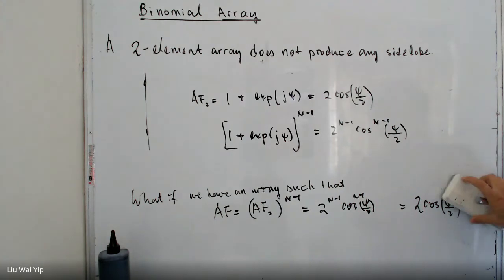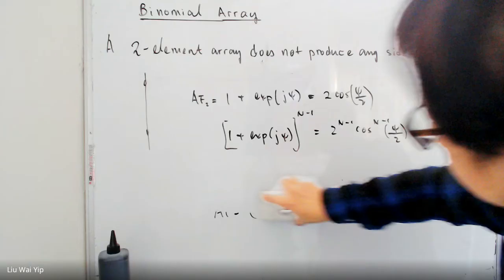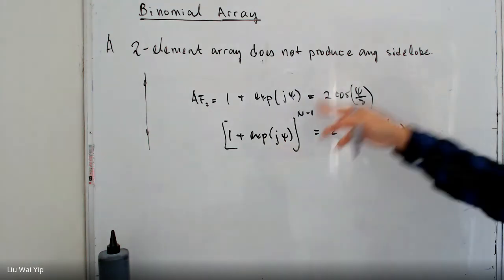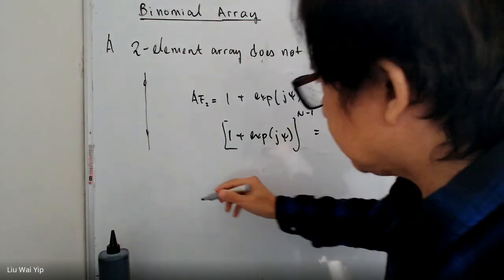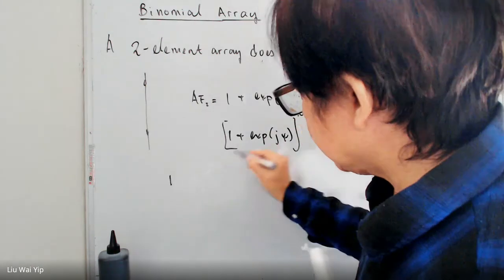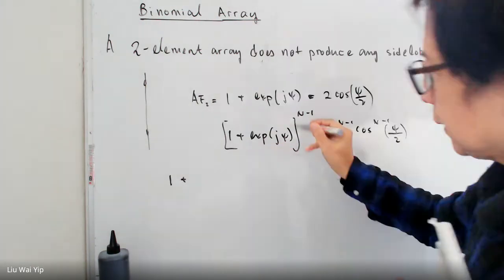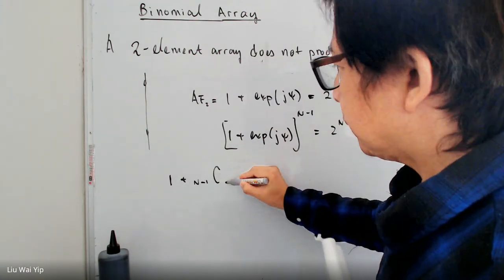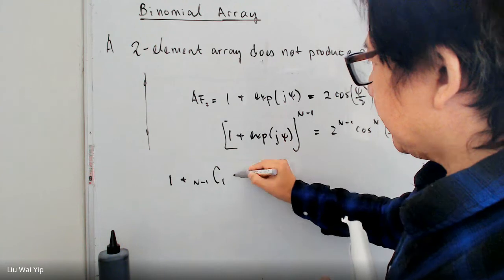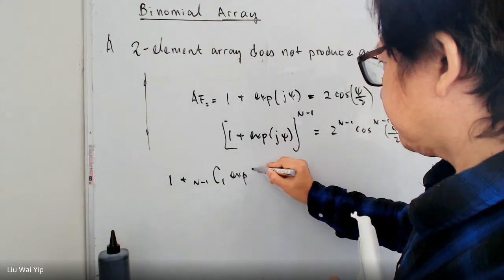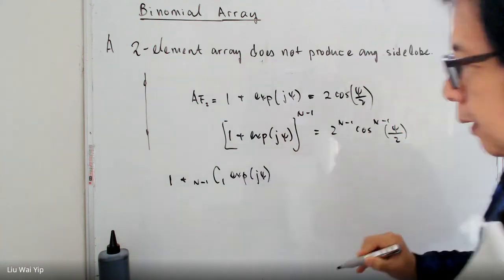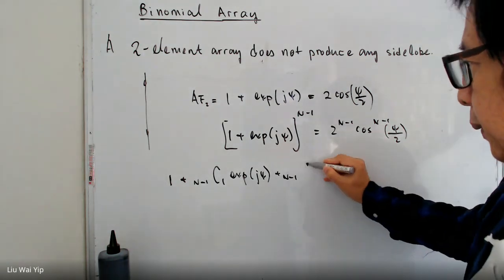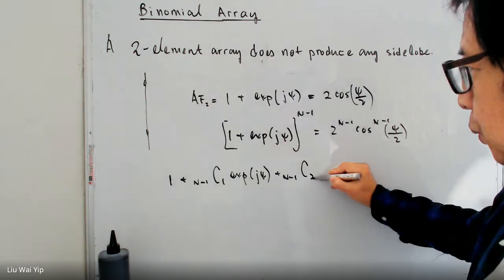And now what we can do is use the binomial theorem to expand this. And if we do that, what we are going to get is the first term, the next term is n minus 1 choose 1, and then the next one is n minus 1 choose 2.